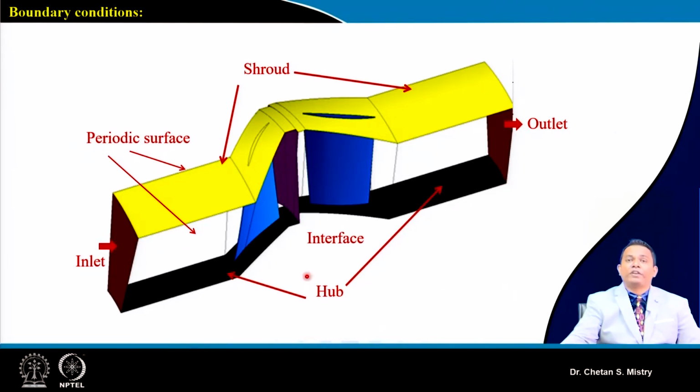In open literature, most of the time the best practice guideline says my outlet domain needs to be 2 chords downstream from the trailing edge of the rotor or stator, or at the exit of my stage. So from here, 2 chords downstream, we will put our outlet flow domain.